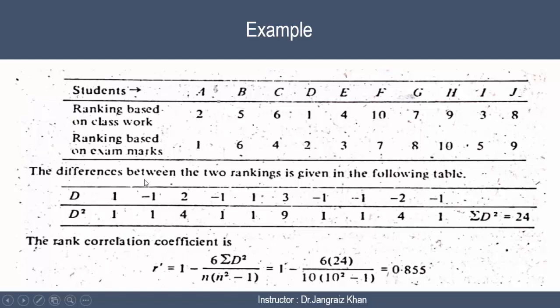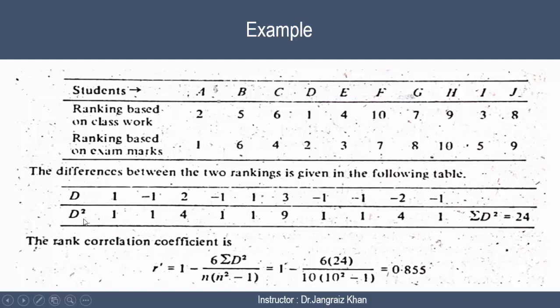So 2 minus 1, 1, 5 minus 6, minus 1, 6 minus 4, 2, 1 minus 2, minus 1, 4 minus 3, 1, 10 minus 7, 3, 7 minus 8, minus 1, 9 minus 10, minus 1, 3 minus 5, minus 2, 8 minus 9, minus 1.